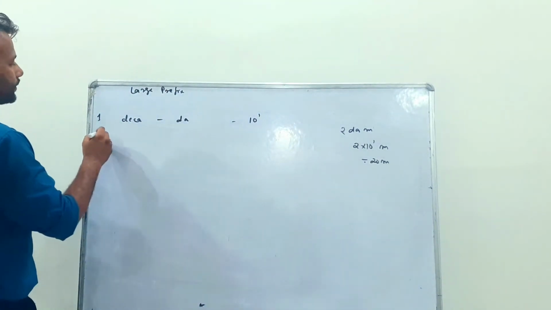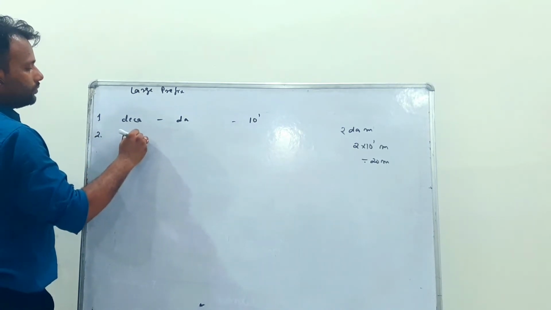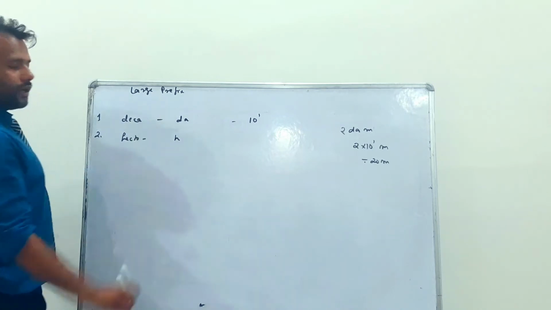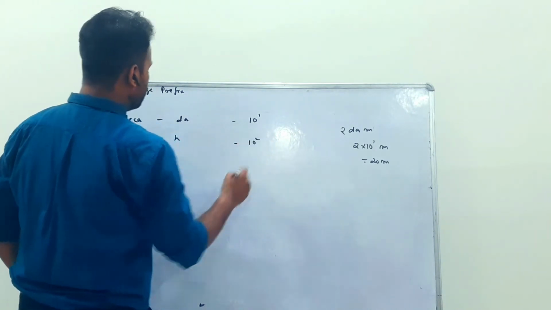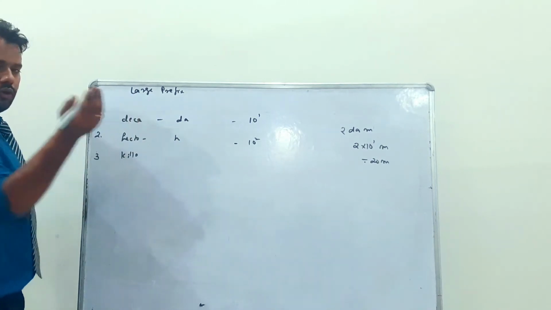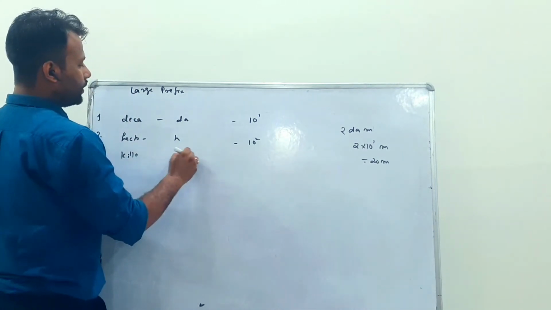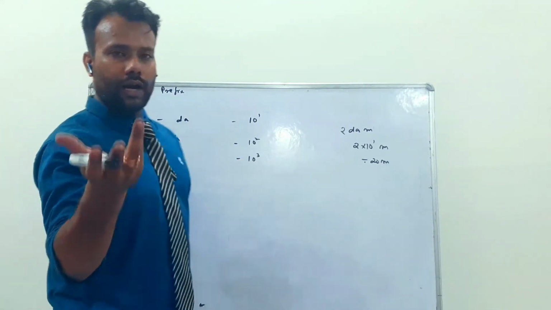Then second one is hecto. For hecto we use H. It is 10 to the power 2. Then kilo, you all know kilo. K, 10 to the power 3. Suppose we say kilogram.